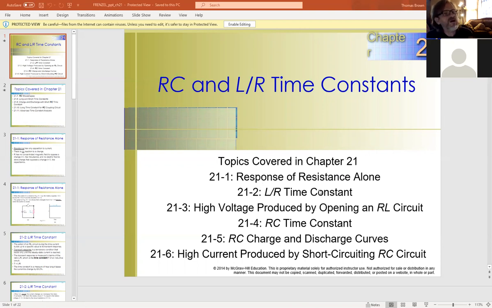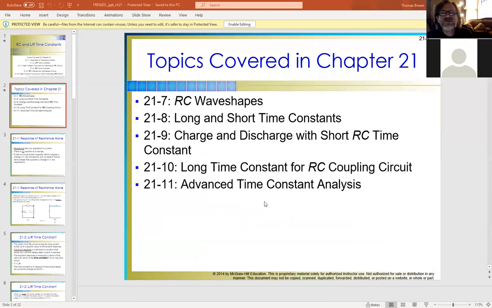Something that I sort of harp on is resistance alone. So we're going to take a look at that, and then we're going to introduce the LR time constant, see what kind of cause and effect, if you will, and then we'll look at the RC time constant. So there's quite a bit here, and we'll leave the rest of this for next week.